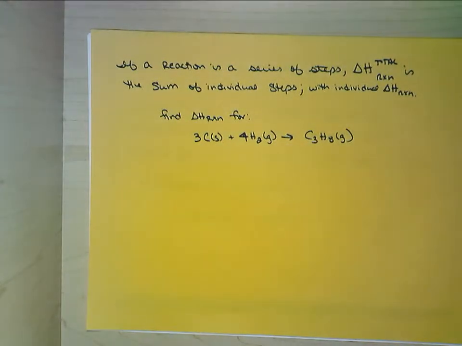All right, so I want to find the delta H reaction for 3 carbons plus 4 hydrogens goes to 1 C3H8, 1 propane.